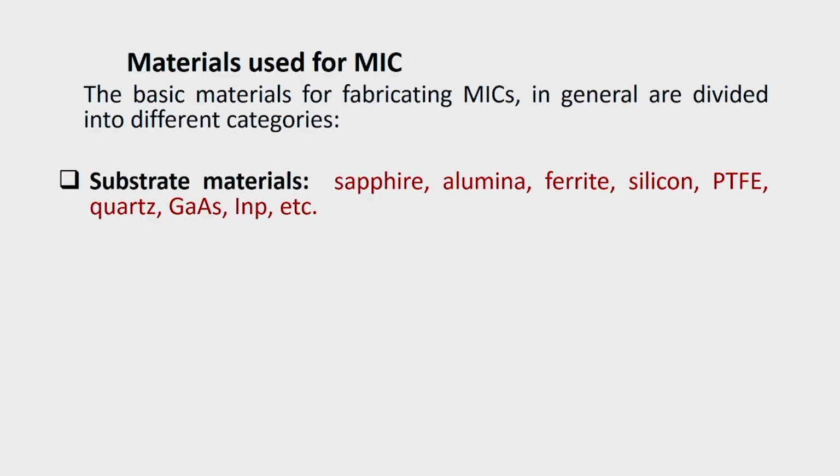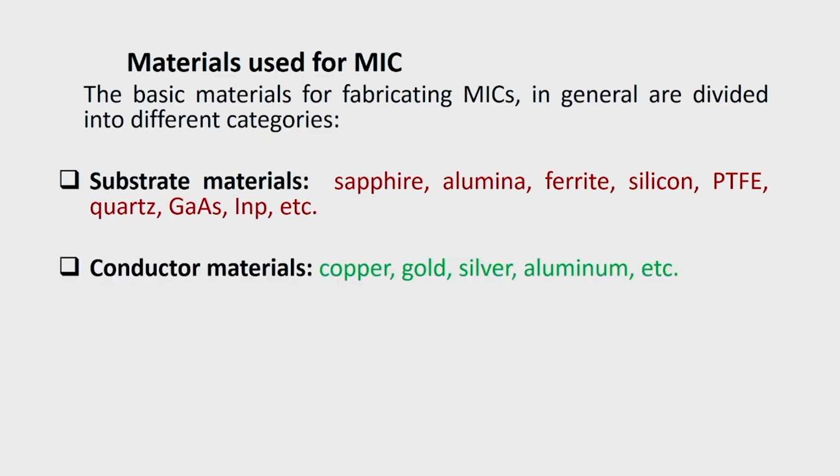One is the substrate materials. There can be various types: sapphire, alumina, ferrite, silicon, PTFE, quartz, gallium arsenide, indium phosphide. So, depending upon the type of circuit that we want to fabricate, the substrate material may be chosen.